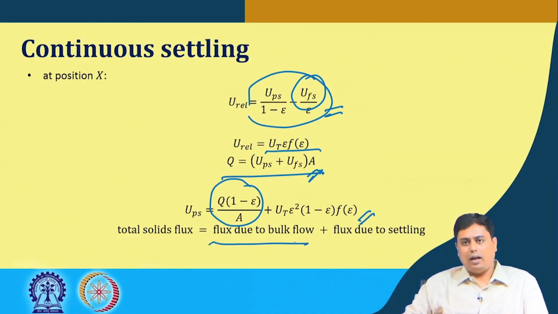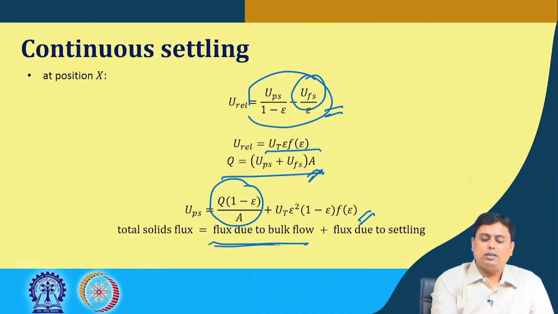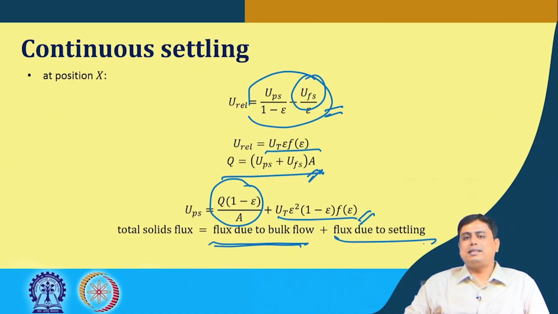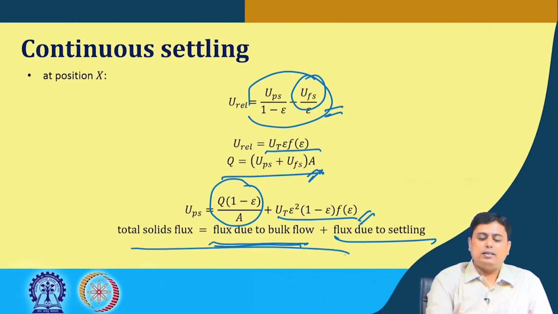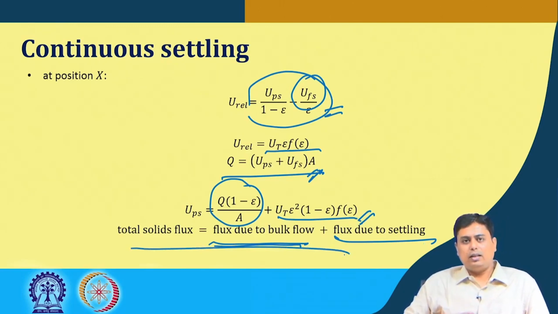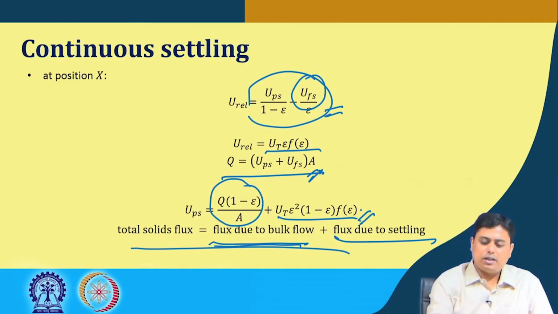So, the total solid flux is basically the flux due to the bulk flow, and the next part is the flux due to settling. At any position in a vertical location, in any plane, the total solid flux equals the flux due to the bulk flow plus the flux due to settling. Once again, we have arrived at this expression by replacing the expression of UFS here.